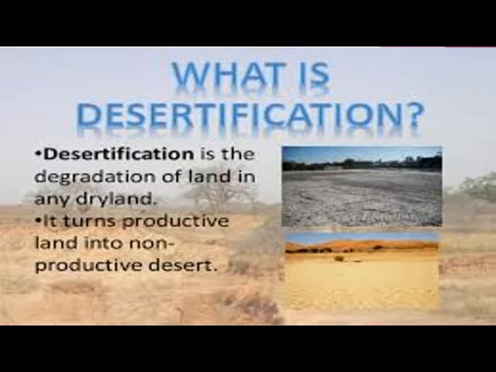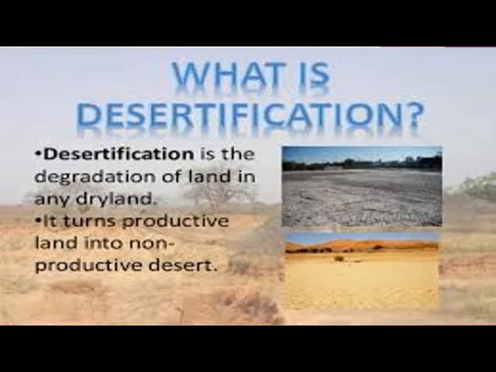Removal of the top layer of the soil exposes the lower, hard and rocky layers. This lower layer contains less humus and is less fertile.